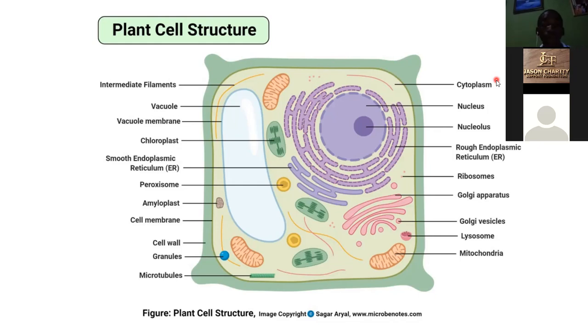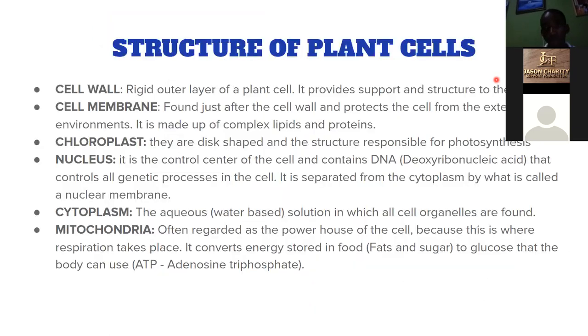Because if that is not done, being that the internal environment is an aqueous solution, things can easily flow into it. The cell membrane ensures that things that are not supposed to be in the cell don't get into the cell. Are we following?